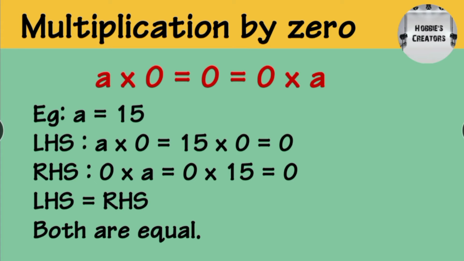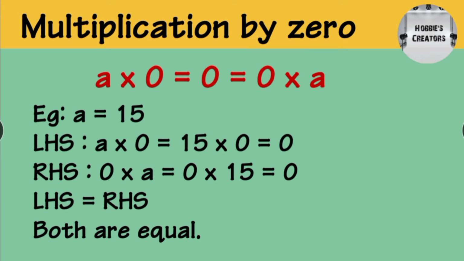We can understand this by an example. a here is 15. First I am doing the left hand side, a multiplied by 0, which is 15 into 0, gives you 0. Now we can do 0 multiplied by a. So 0 into 15 gives you 0. So we got the answer 0 here. So multiplication by 0 is possible.